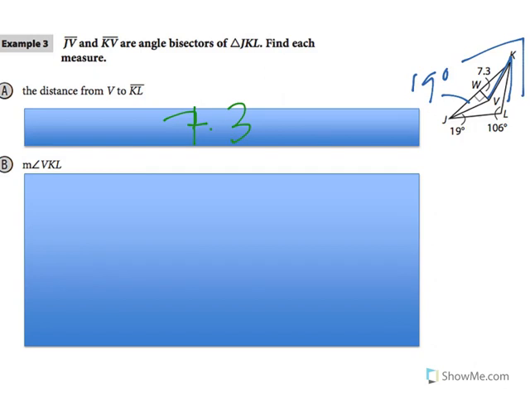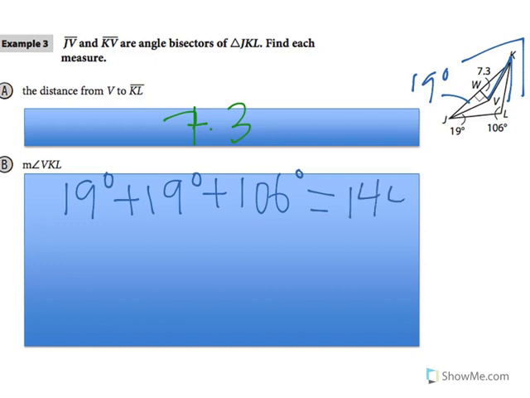We said this is 19 plus another 19 plus 106, so this gives 144 degrees.